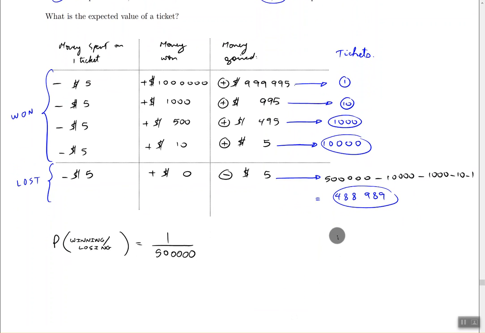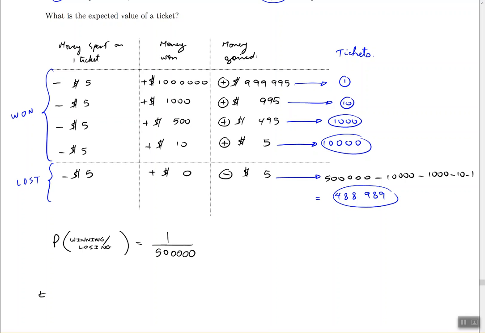So my expected value in this problem is gonna be equal to the sigma, k or whatever, from 1 to 500,000, because that's how many tickets and probabilities there are. So I'm gonna have to multiply the gains of each ticket by the probability of that ticket.